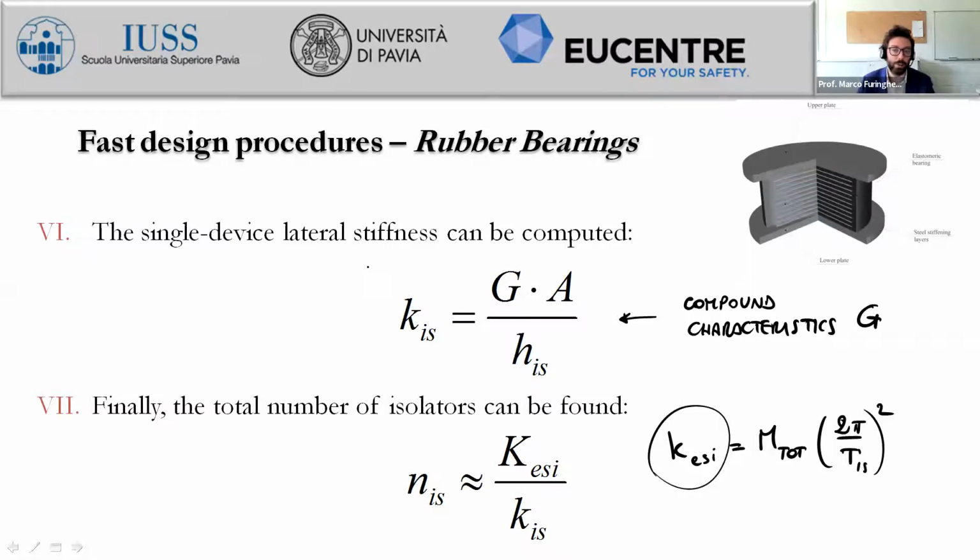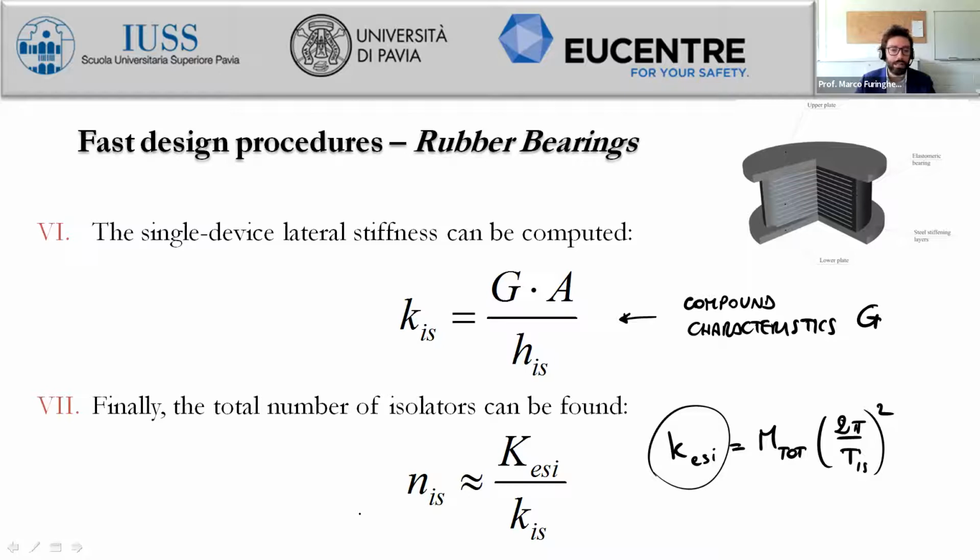So it is better to round the overall result for the total number of isolators to even numbers. If it is not possible, or if the next even number is quite far away from the result that we get, maybe we can just go back in our procedure to change some initial assumption in order to come up with the optimum definition of the isolation system.